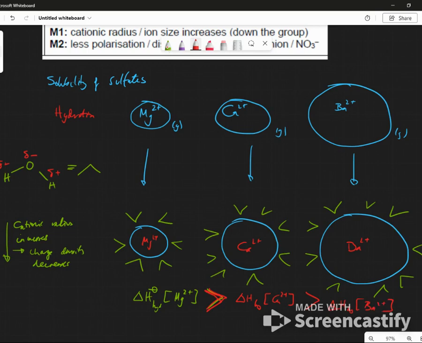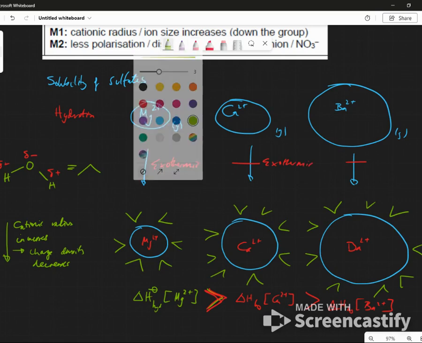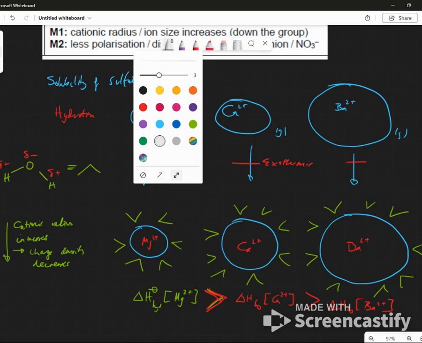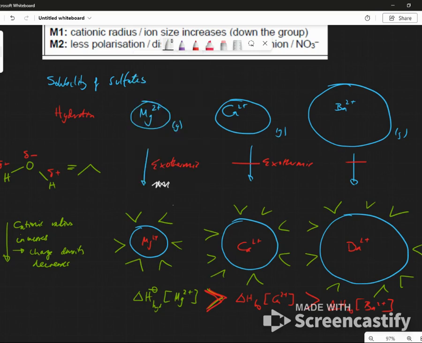Are we all okay with that? So that's hydration. Now, obviously, all of these are exothermic, all of them. So when I say greater, I mean, and this is a really weird thing to say, I mean more exothermic.